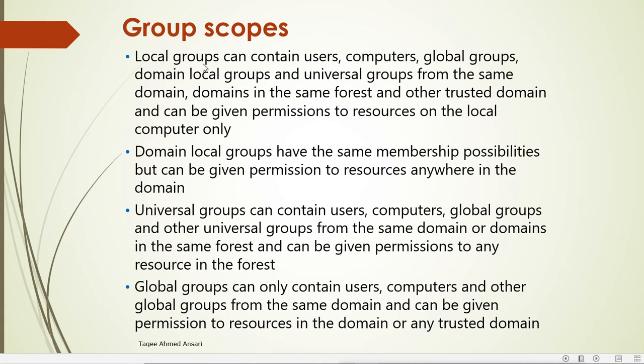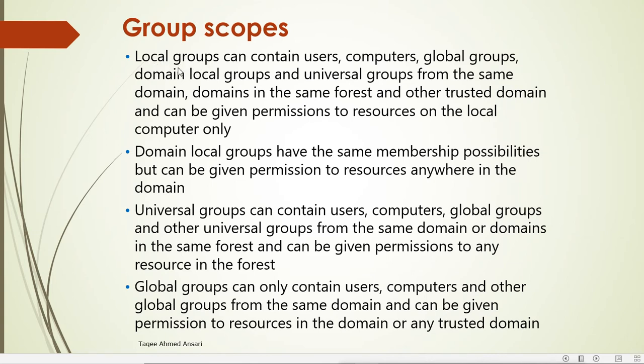We have local group scope, global group scope, then domain local group scope, and then universal group scope. So these other groups, which are created under those scopes, can be a member of these local groups.